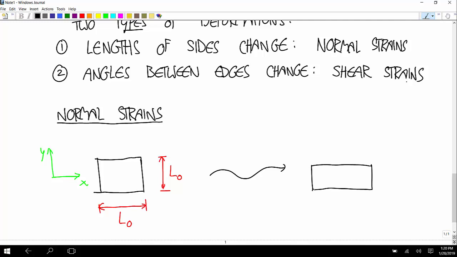It has some depth into the page too, but for us, this cross section is a square. And then you can imagine if you squish it down like this, this dimension would get shorter, this dimension would get longer. Not equally, but it does have to do that a little, and that's one of the big effects that we'll talk about.